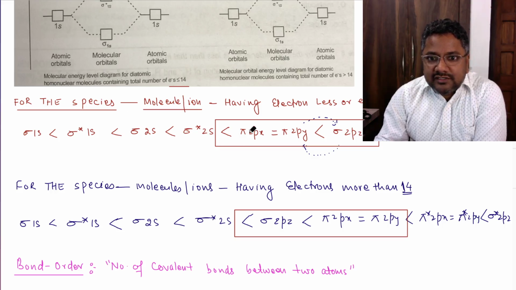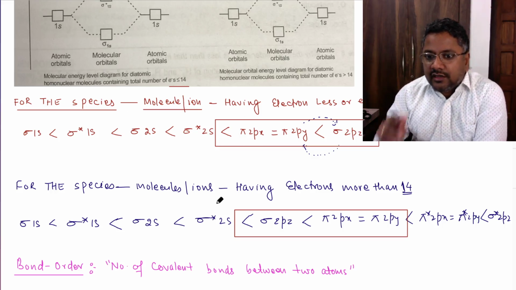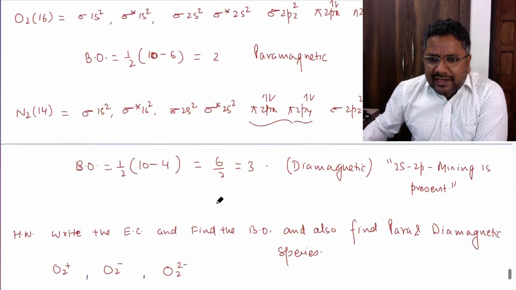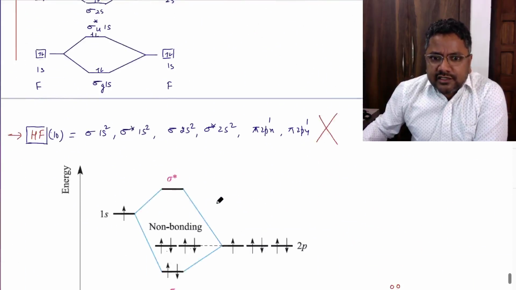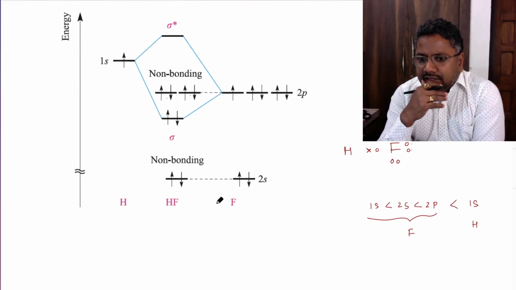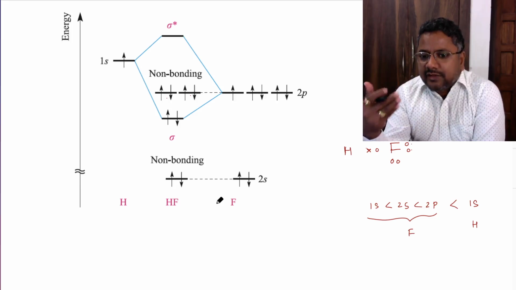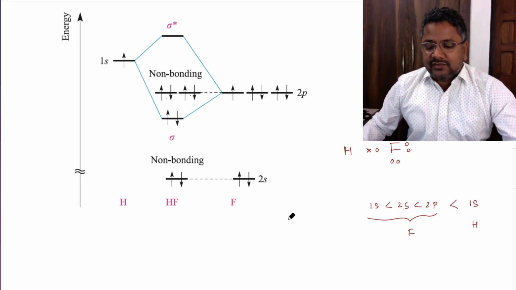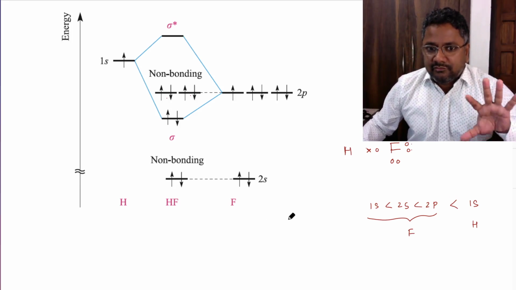Homonuclear molecules means this order is not valid for heteronuclear molecules. But some people try to use this model for heteroatomic molecules and try to explain something, but that is wrong. Many people make this mistake. So that's why I'm trying to explain it to you the best I can.